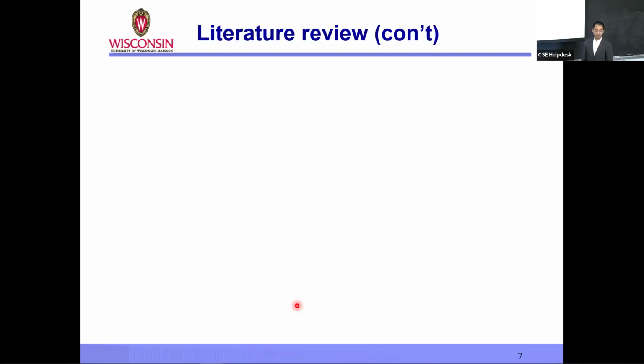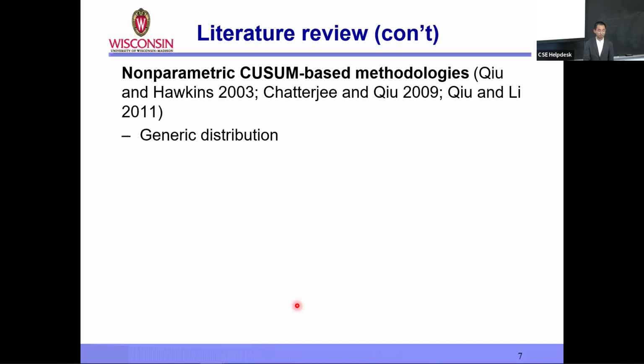So in the context of our problem, one significant advancement came with the non-parametric CUSUM-based methodology. You can see the reference here: Professor Chiu, who was actually here at the Department of Statistics before, and also Professor Douglas Hawkins.